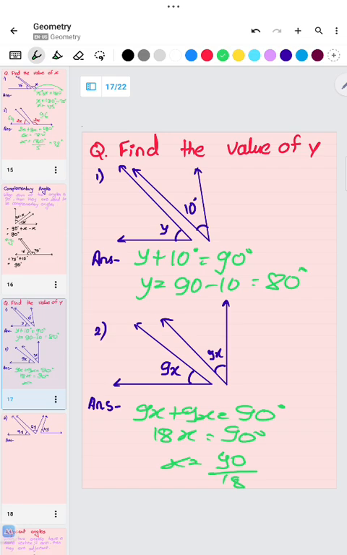Okay, if we simplify it, it gives 5 degree. Okay, if we put this 5 here, then 5 into 9, 45, and here also 45. 45 plus 45 gives 90 degree.